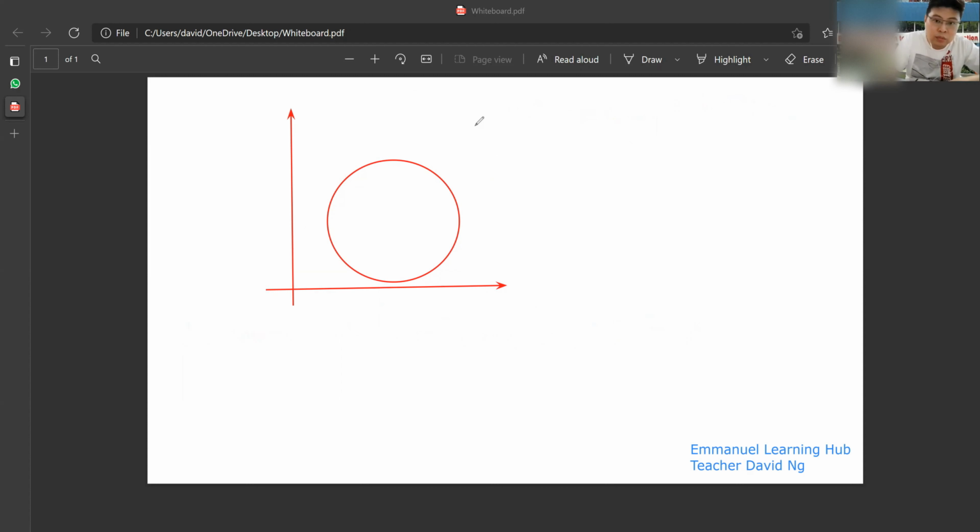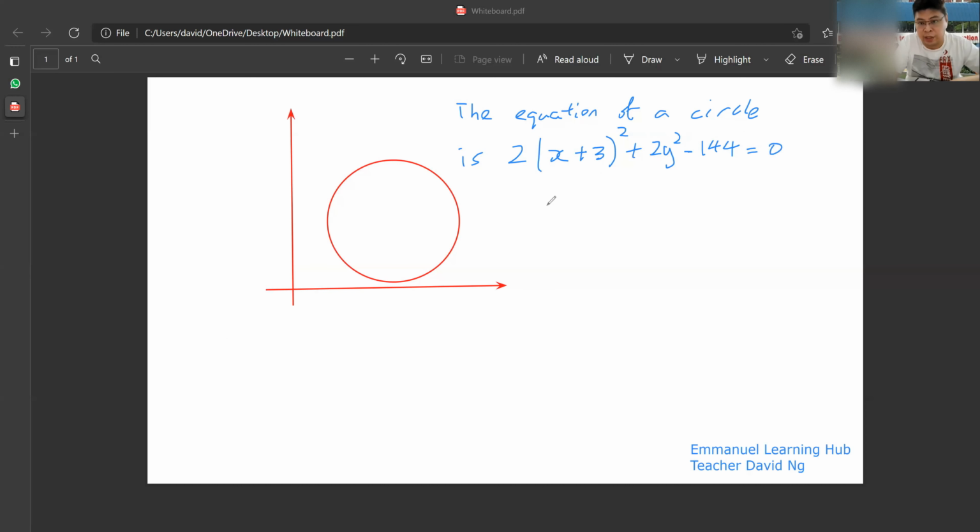So for example, okay, the equation of the circle is like that.